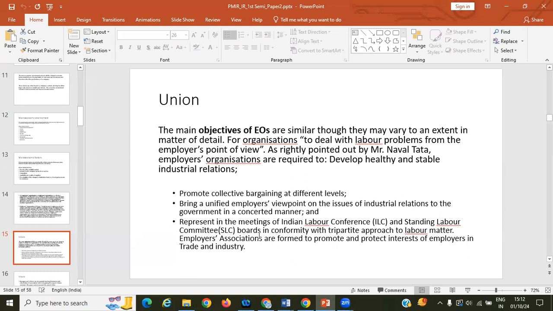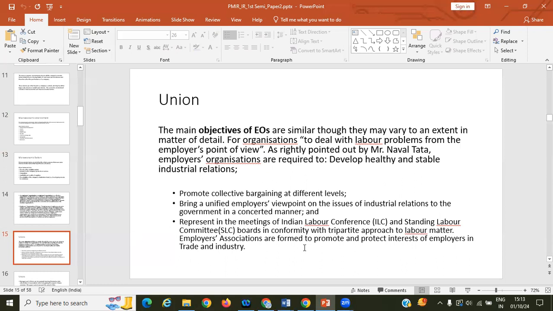ILC and SLC are different committees at the national level, in conformity with the tripartite approach to labor matters. Employers associations are formed to promote and protect the interest of employers in trade and industry.